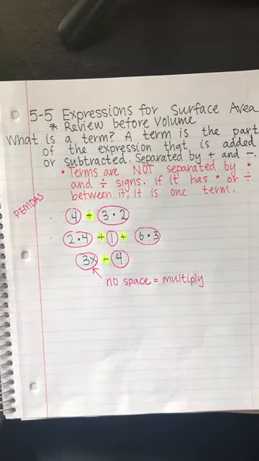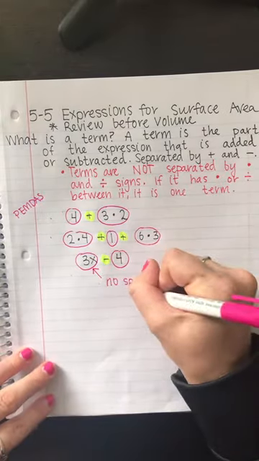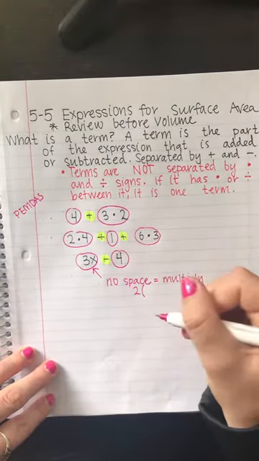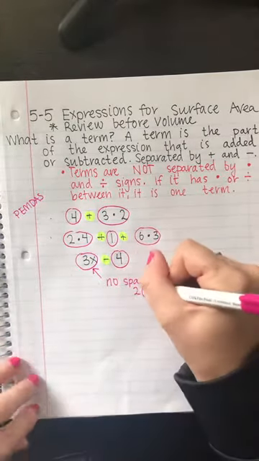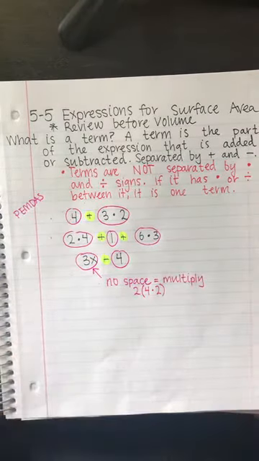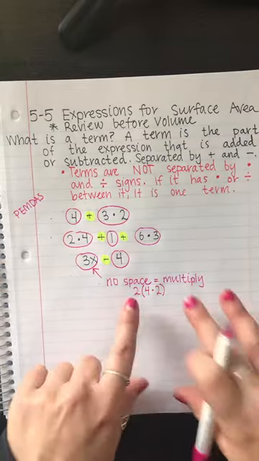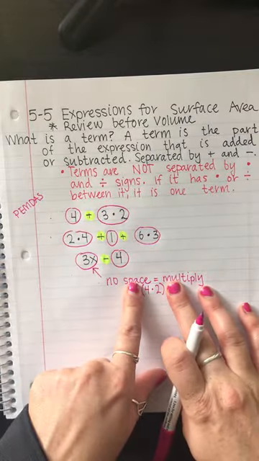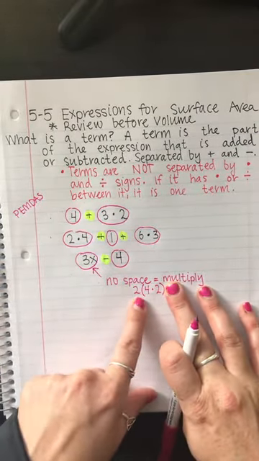So even if we see something up against a set of parentheses, that means multiply too. So say I have 2 times the parentheses 4 times 2. Following PEMDAS, I'm going to do the parentheses first, 4 times 2, and then that's just multiplication with 2.